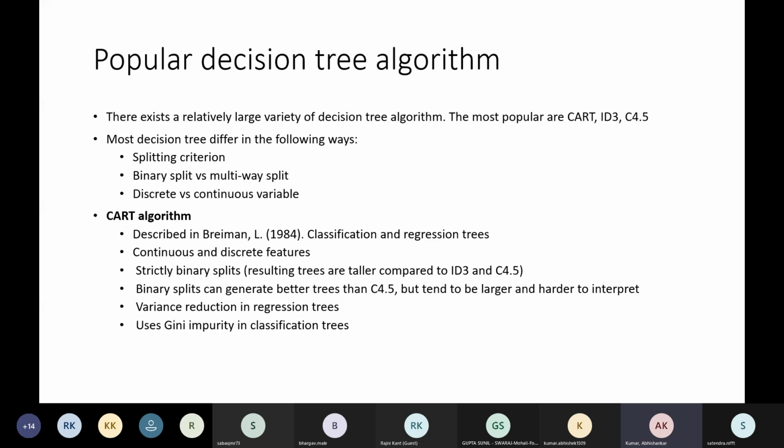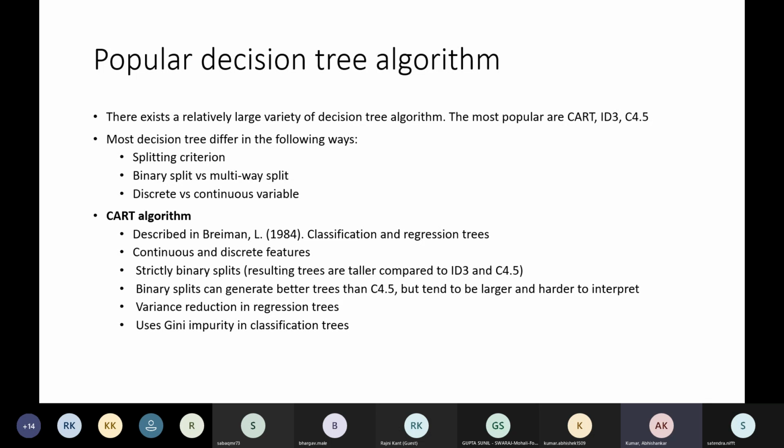CART stands for classification and regression tree. You can also write it down. It was first described in a book called Classification and Regression Trees, one of the authors being Breiman, published in 1984.